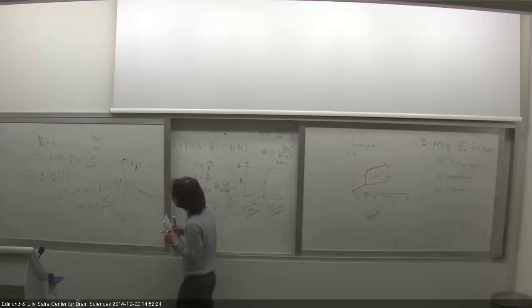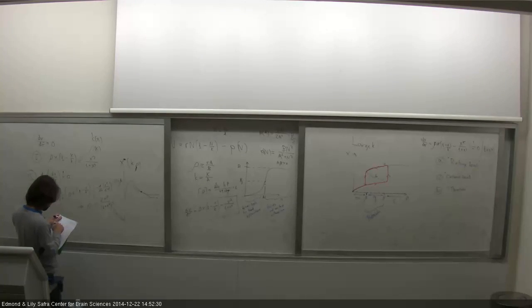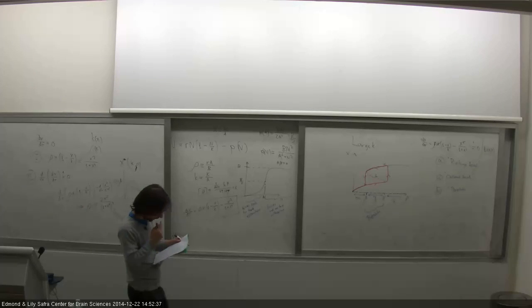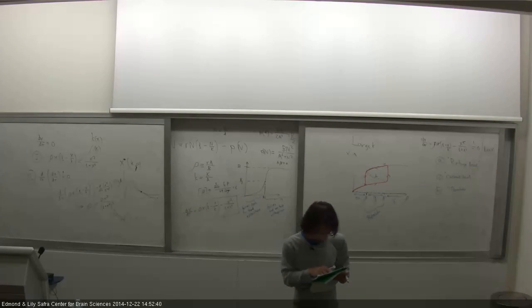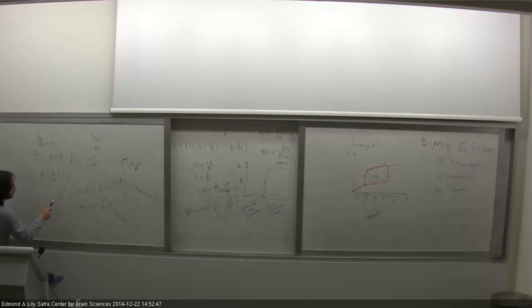How come the k disappears? Oh, yeah. Because you do the derivative of this times this, and then this times the derivative of this, and you get the minus rho over k in both of them.